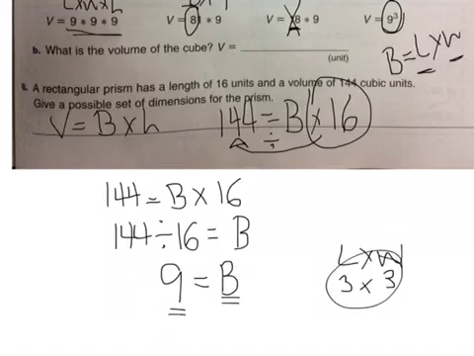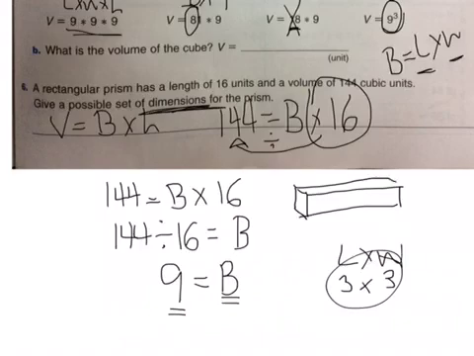Okay, so what are my possible dimensions is what it's asking. What are my possible dimensions? Alright, I could have 3 by 3, okay, 3 by 3, and then a length of 16. Something that looks like that.